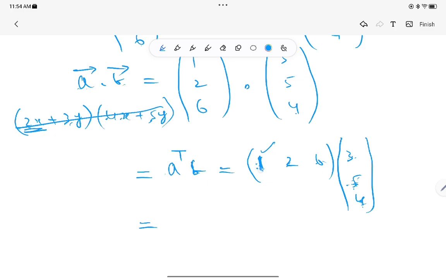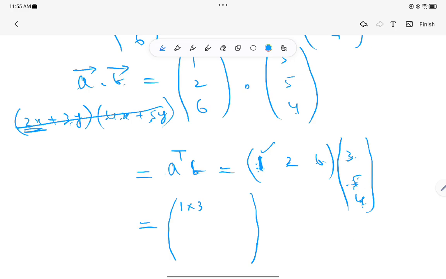But the product of this and this will come out to be non-zero. It will simply be 1 into 3. So it is quite nice. You have to multiply first with first, second with second, third with third. No cross multiplication, no cross terms.